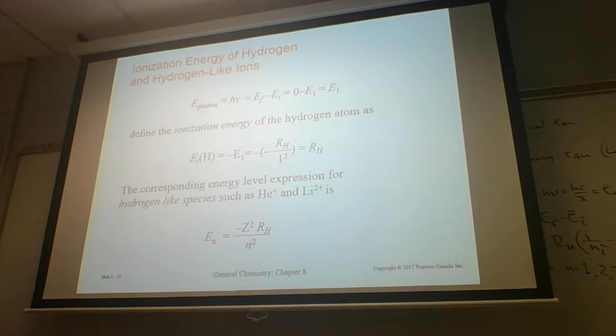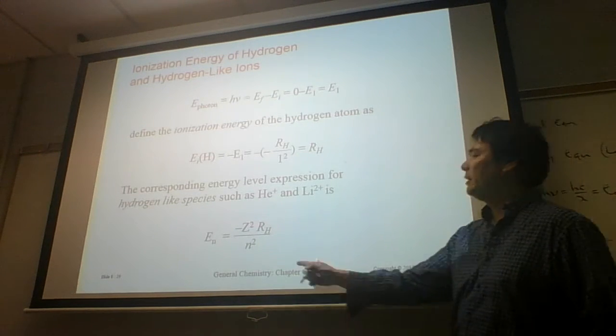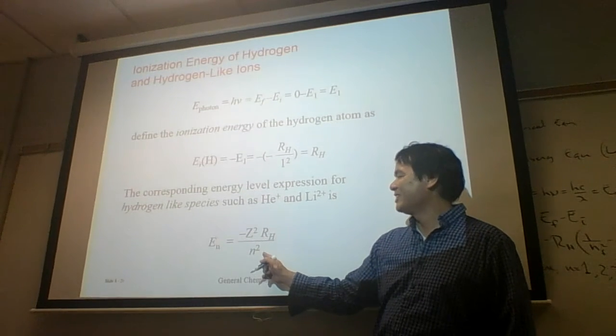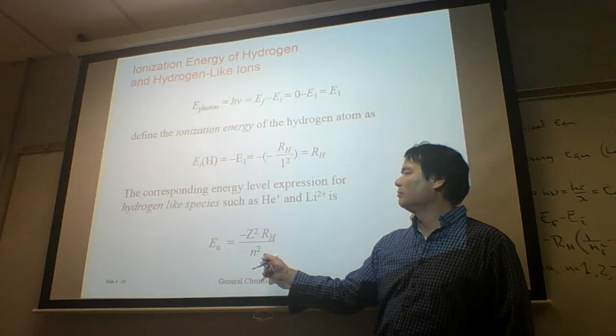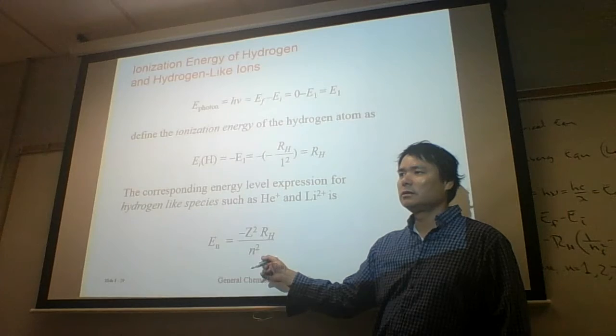There's going to be a Z squared term, where Z is the number of protons in the nucleus. And so that's what we see here. This is the modified version of the Rydberg for one electron species.